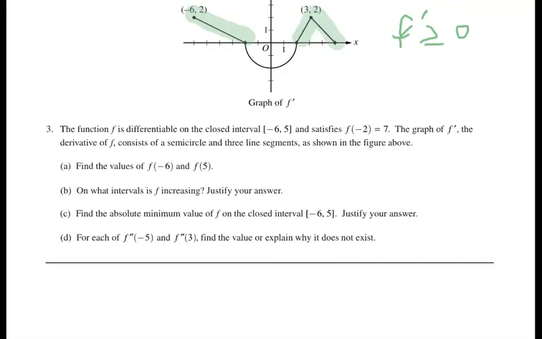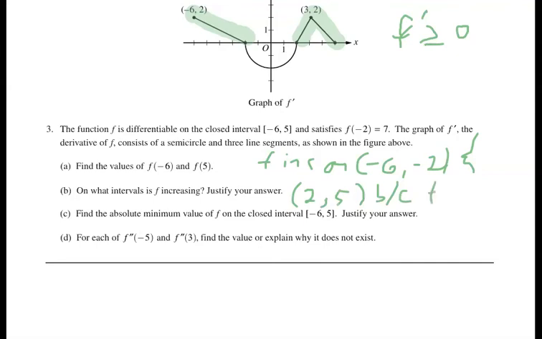So we would say f is increasing on negative 6 to negative 2 and 2 to 5, because f prime is greater than or equal to 0 on those intervals.